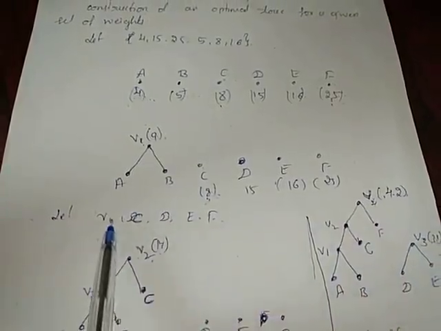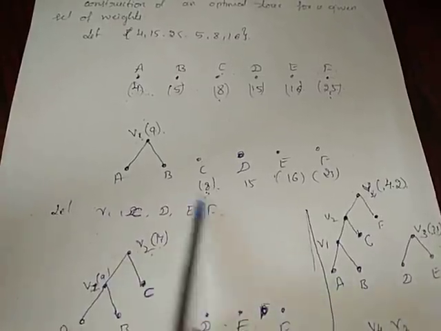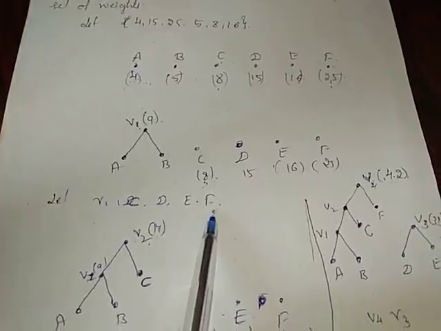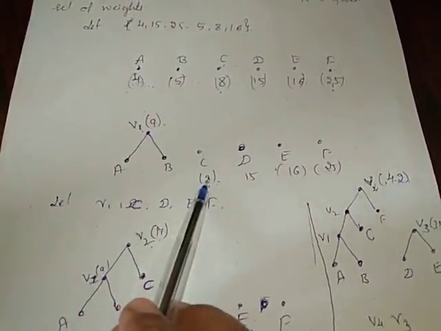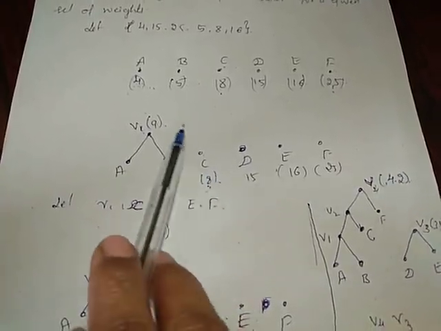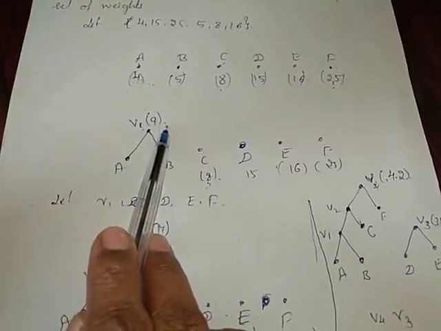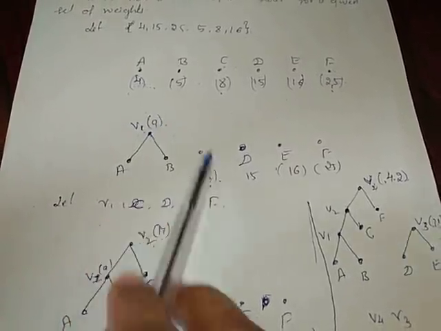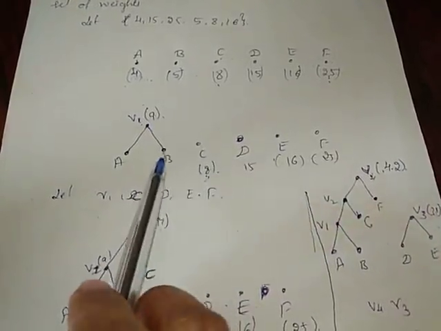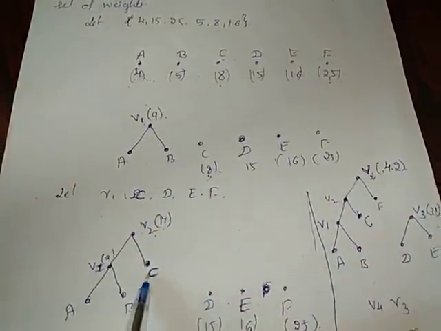Now the remaining vertices are V1, C, D, E, F. Among these, again consider the two minimum weights, 9 and 8. Add them and assign a new vertex V2 the weight 9 plus 8, that is 17, with V2 as a root, V1 and C as children.